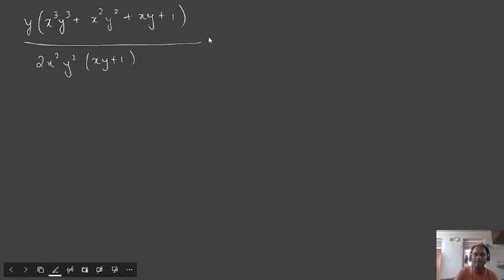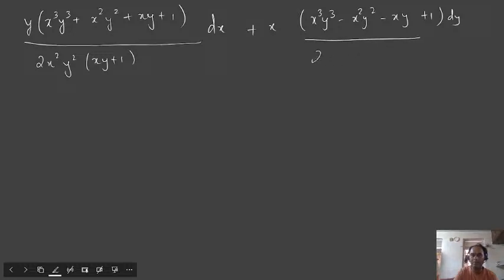Okay, this is dx, and then there is x multiplied by x cube y cube minus x square y square minus xy plus 1, dy divided by 2x square y square times (xy plus 1).